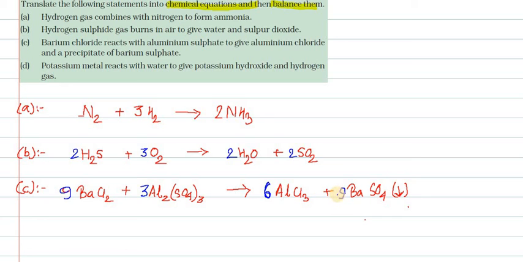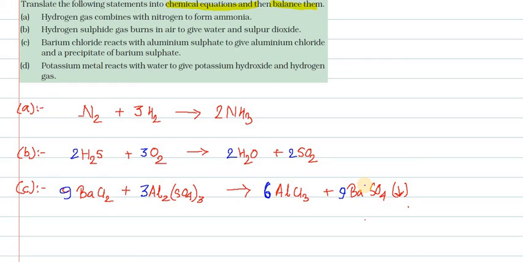Now you see we have 9 barium on the right hand side, but what about the sulphate atoms? On the left hand side you have sulphate SO4. Total number of SO4 on the left hand side is 3 times 3, that is 9, and total number of sulphate on the right hand side is again 9. So in this way we have balanced the sulphate atom as well.